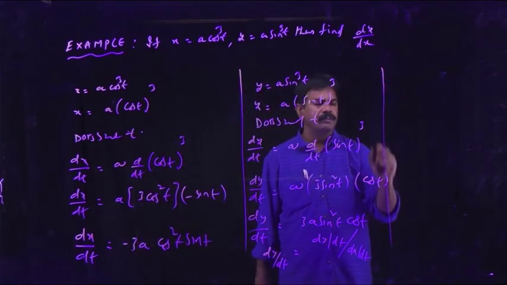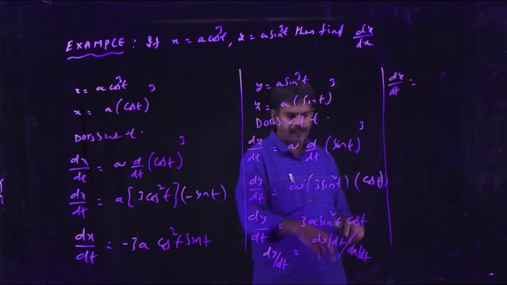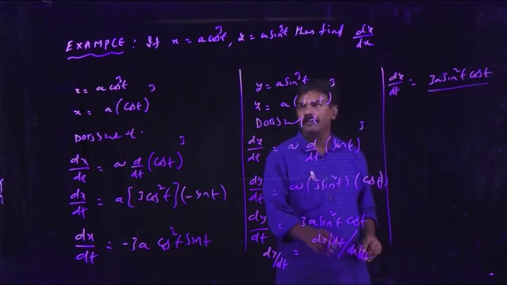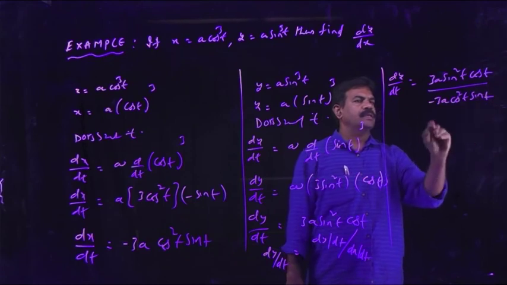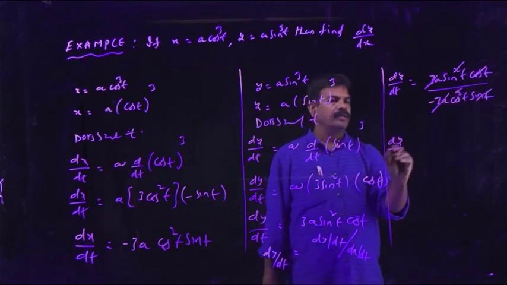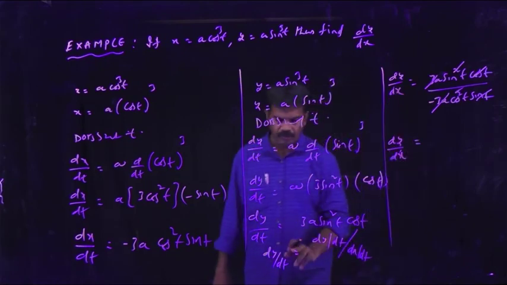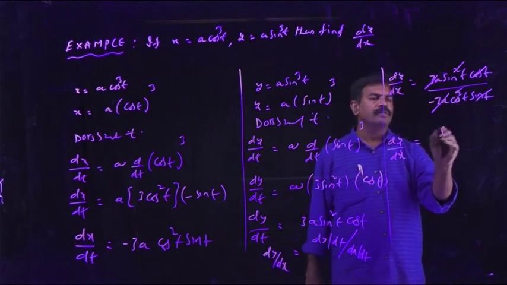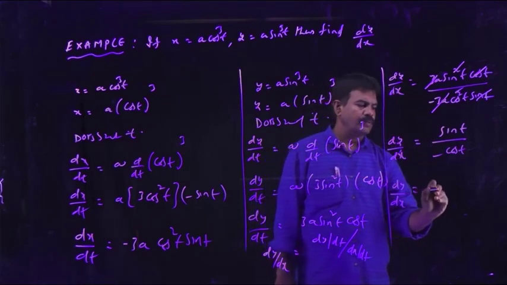It is dy by dx is equal to, we know the value of dy by dt, that is 3a sin square t cos t by dx by dt, which is minus 3a cos square t sin t. 3a cancel, sin cancel, cos cancel, we get dy by dx is equal to sin t by minus cos t, that is dy by dx is equal to minus tan t.